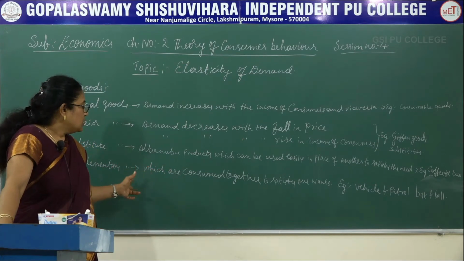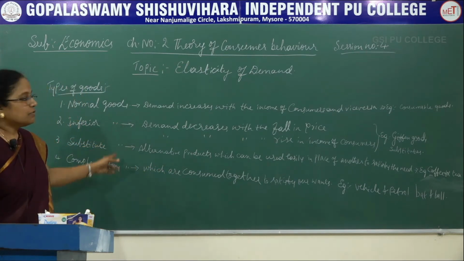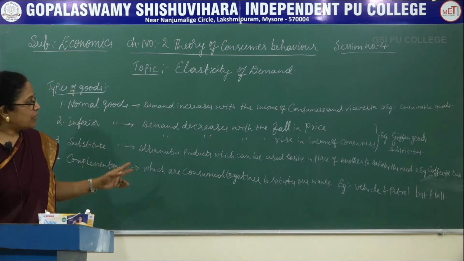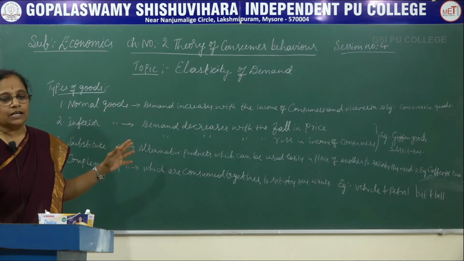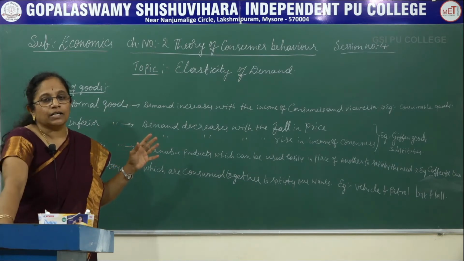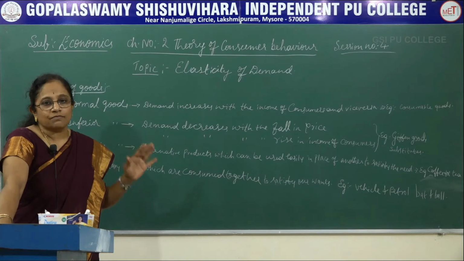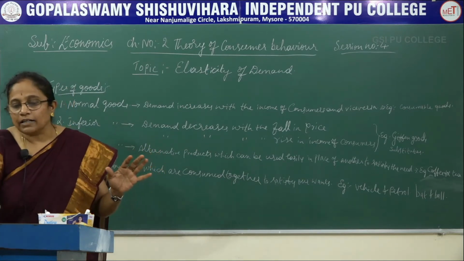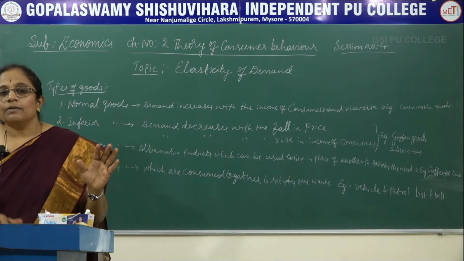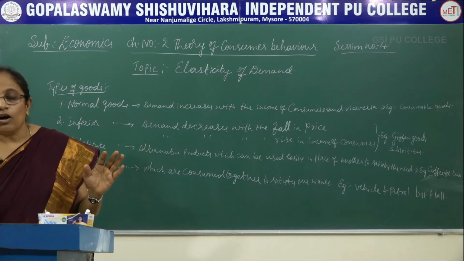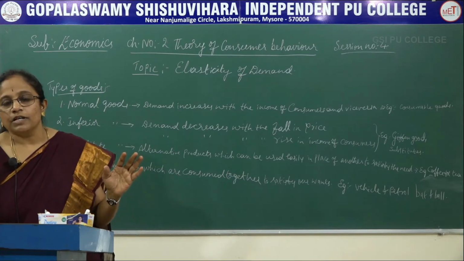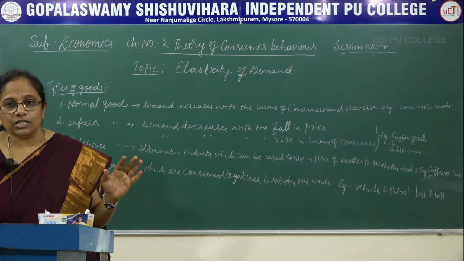So, these are the four types of goods, the demand for which varies. The variation of demand is due to various factors. The various factors that affect the demand for goods are the operation of the law of diminishing marginal utility.